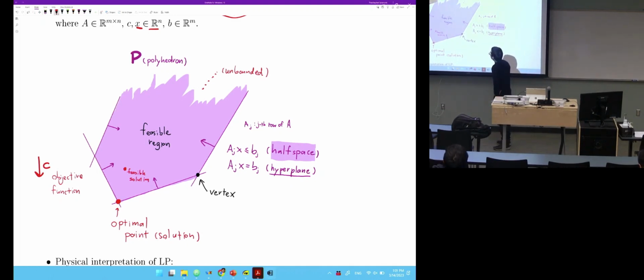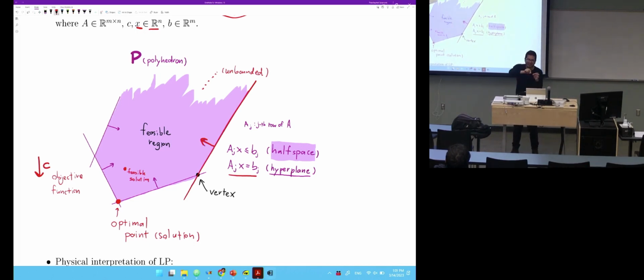Just look at the jth row of the matrix A. The jth row looks like one constraint that you have, so the jth constraint, A_j times x at most b_j. This says that you only care about anything on one side of this hyperplane. When you look at A_j x equals b_j, this is a hyperplane, right?